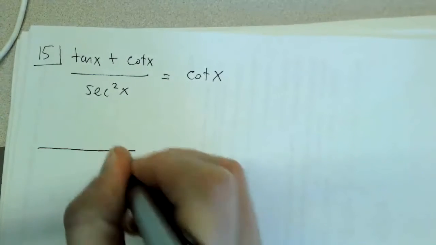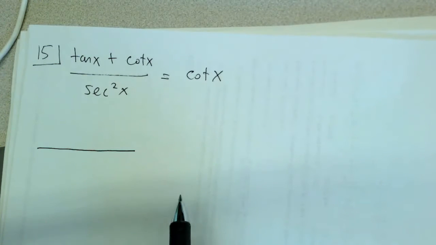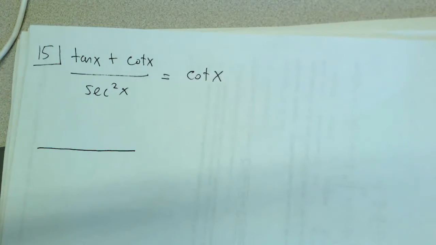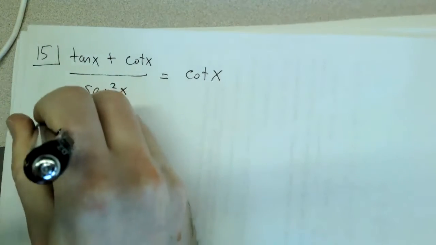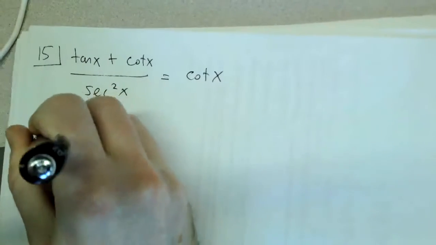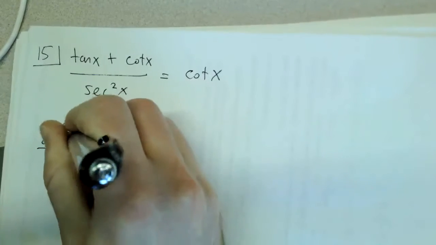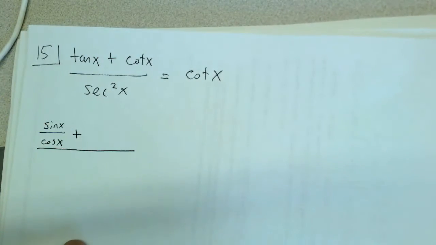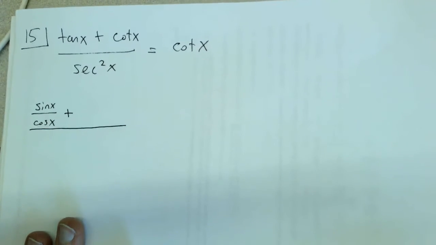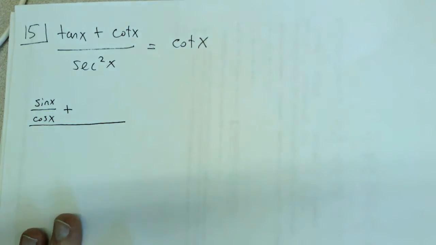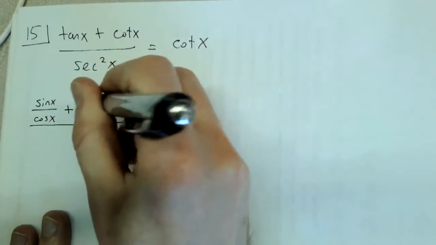So here's my big fraction bar. What's tangent in terms of sine and cosine? This should be instantaneous. Shout it out, guys. Sine over cosine. Good. Tangent is sine over cosine. Plus cotangent. What is cotangent in terms of sine and cosine? Cosine over sine. Good.